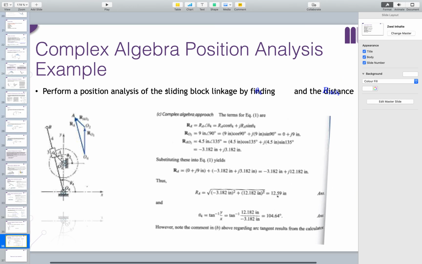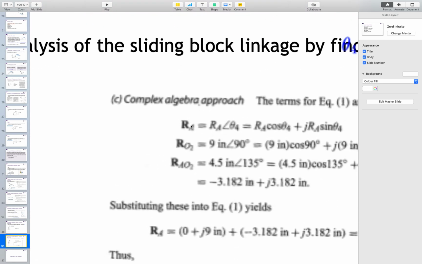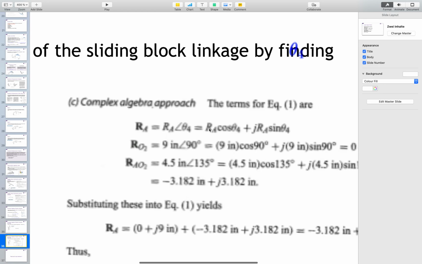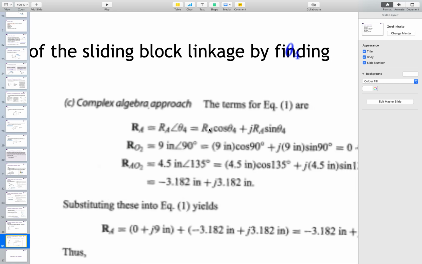So the idea here is very simple. We start by doing one form of representation in the vector space or in the complex space, which is the cosine sine representation, and we see it here. So vector RA is equal to RA cosine theta 4 plus complex number i times RA sine theta 4, and here we have RO2 and here we have AO2.